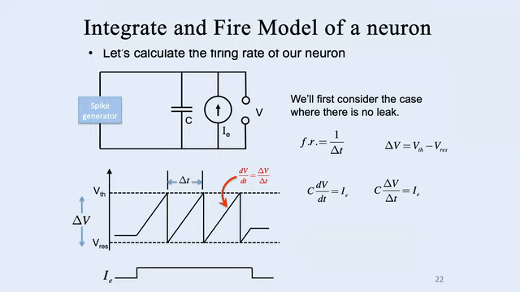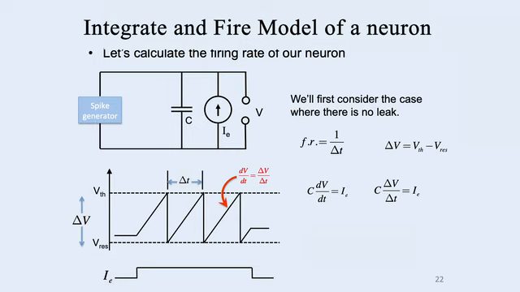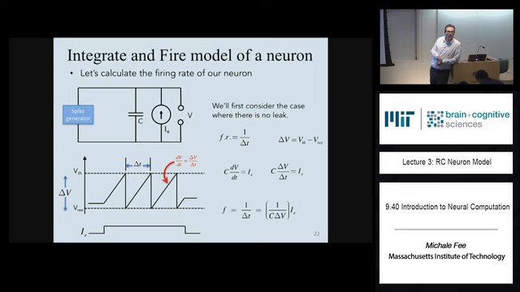Delta V is just this voltage difference, and delta t is what we're trying to calculate. So we just plug this in and solve for 1 over delta t. And that's just I sub e over C delta V, the injected current over C delta V. That's probably what you were saying. Okay? Any questions about that?